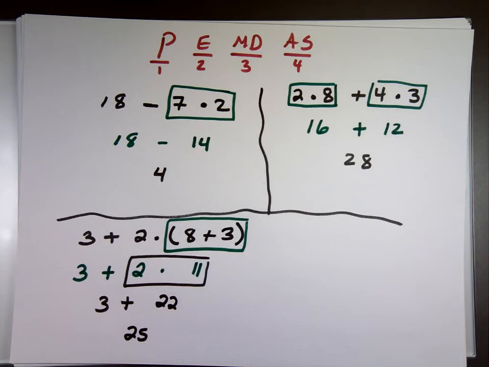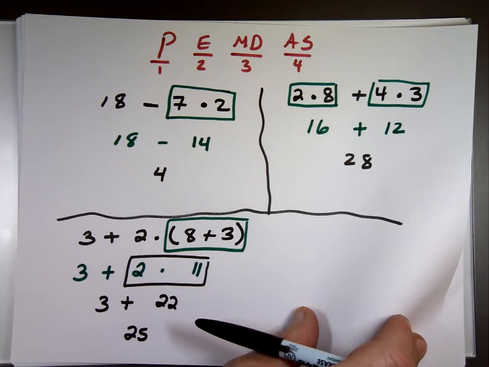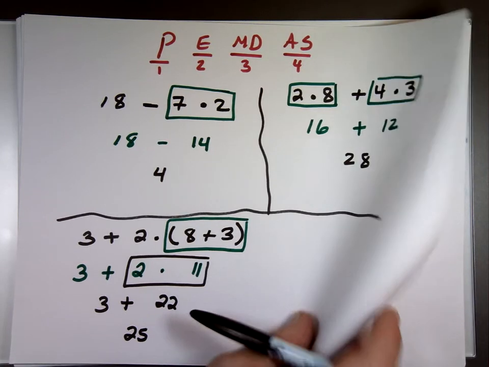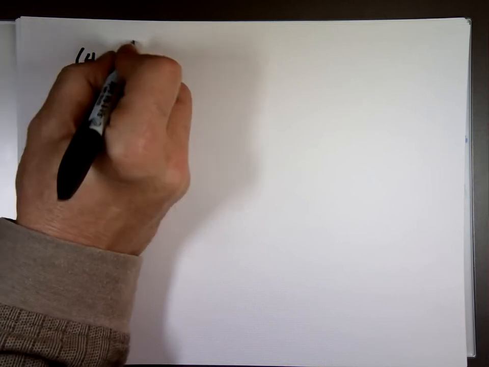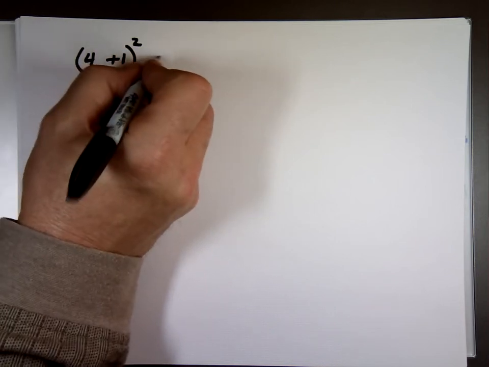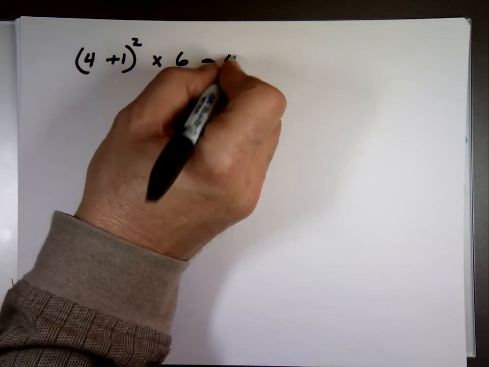Couple more examples, then we're done. 4 plus 1 in parentheses squared times 6 minus the 4.